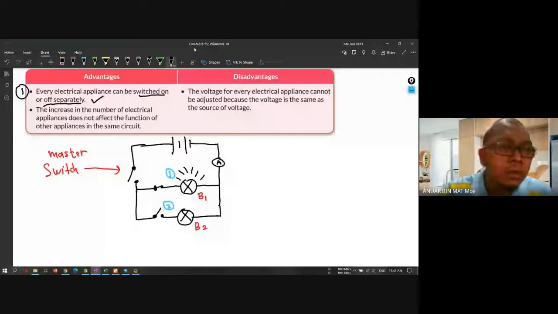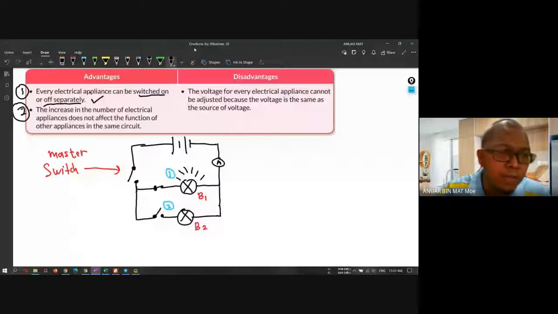Okay, number 2. Advantage number 2, the increased number of electrical appliances does not affect the function of other appliances in the same circuit. So bulb 1 is an individual circuit. Bulb 2 is another individual circuit. That's why, like I said earlier, it has 2 loops.